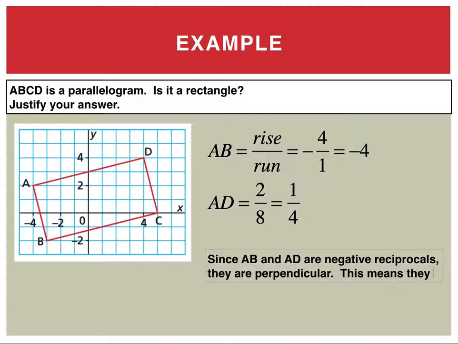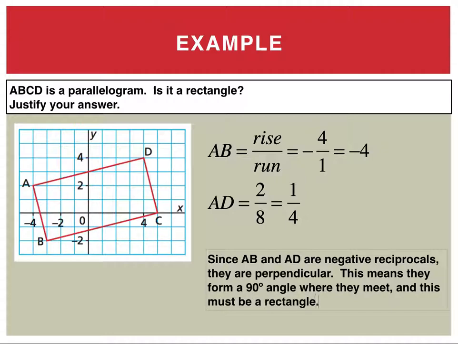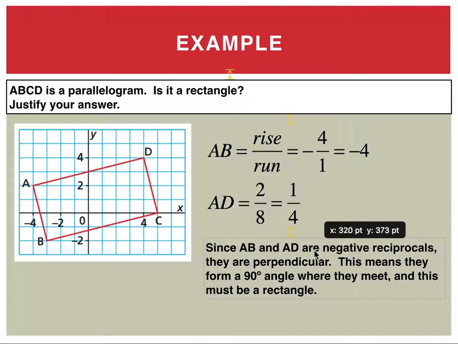This means they form a 90-degree angle where they meet, and this must be a rectangle. That would be the answer. To be honest, I don't need a sentence this descriptive. Just showing the two slopes and saying they're perpendicular, so it is a rectangle, is enough. But I need to see the slopes.